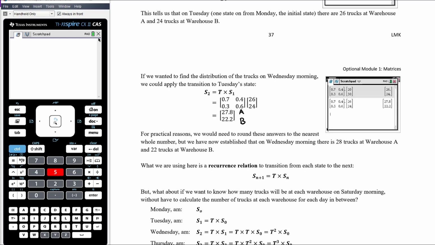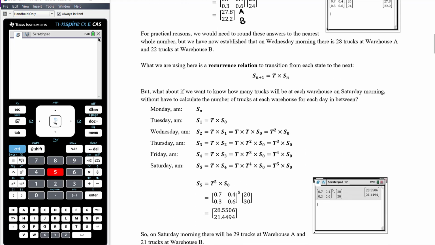So as I said, what we're using here is a recurrence relation, how to transition from each state to the next. To get from the nth state to the n plus 1th state, we need to multiply by the transition matrix. So if Monday morning is state 0, Tuesday morning is state 1, and we get from state 0 to state 1 by multiplying by the transition matrix.